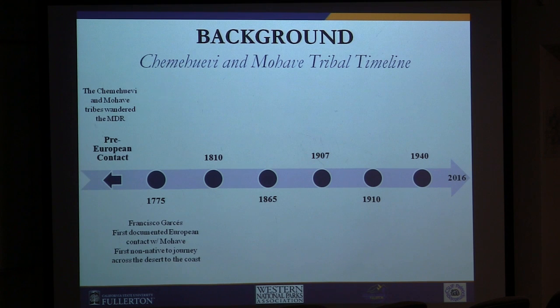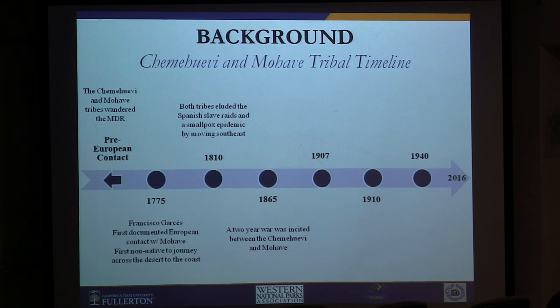Around 1810, both of the tribes eluded a Spanish slave raid and a smallpox epidemic by moving out of the desert into the southeast area by the Colorado River. 1865, there was a 2-year war incited between the Chemehueve and the Mojave, so they didn't always get along.